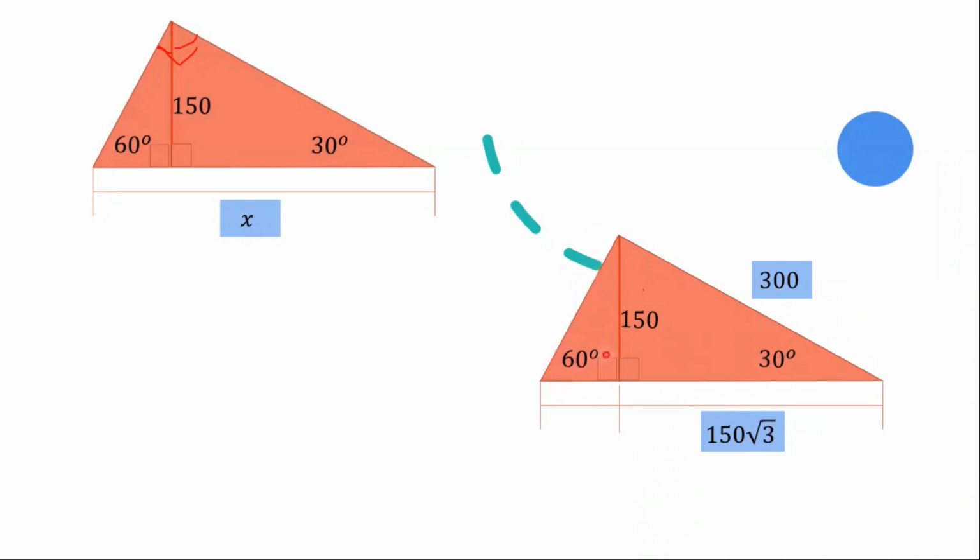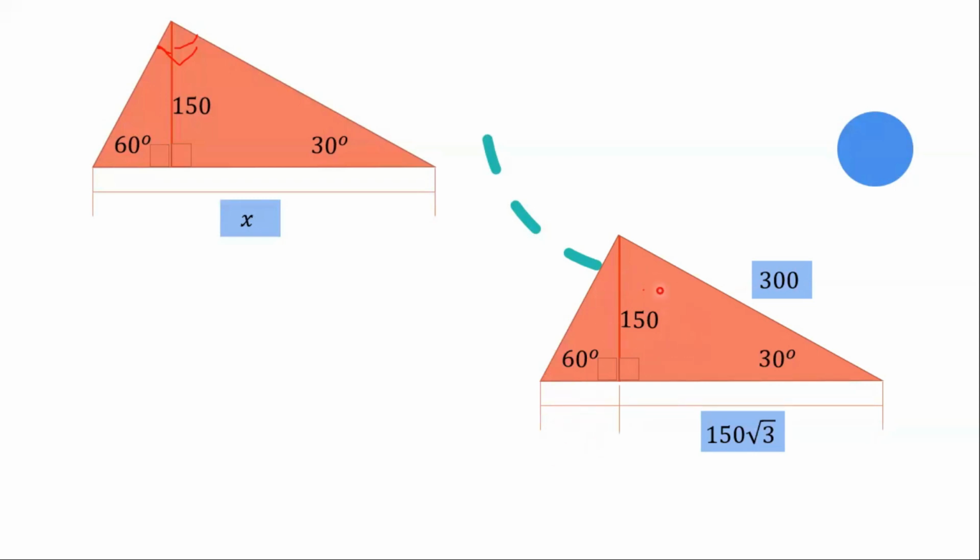Now using the triangle on the left side, with a 60-degree angle, this is the side opposite the 60-degree angle, and this is the side opposite the 30-degree angle, adjacent to the 30-degree angle, not opposite. So if this is the side adjacent to the 30-degree angle, then we divide this by square root of 3 to get the length of the side opposite the 30-degree angle.